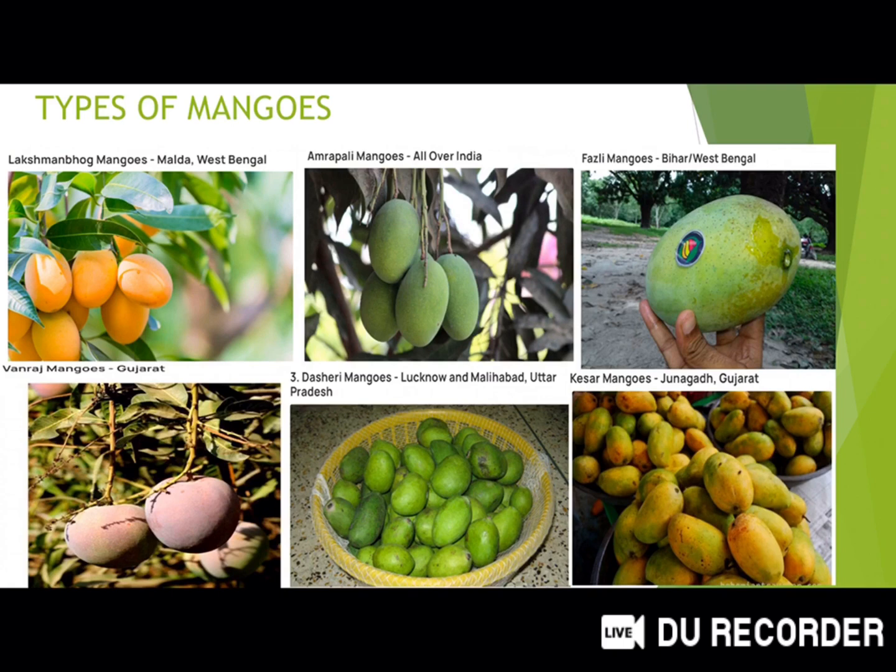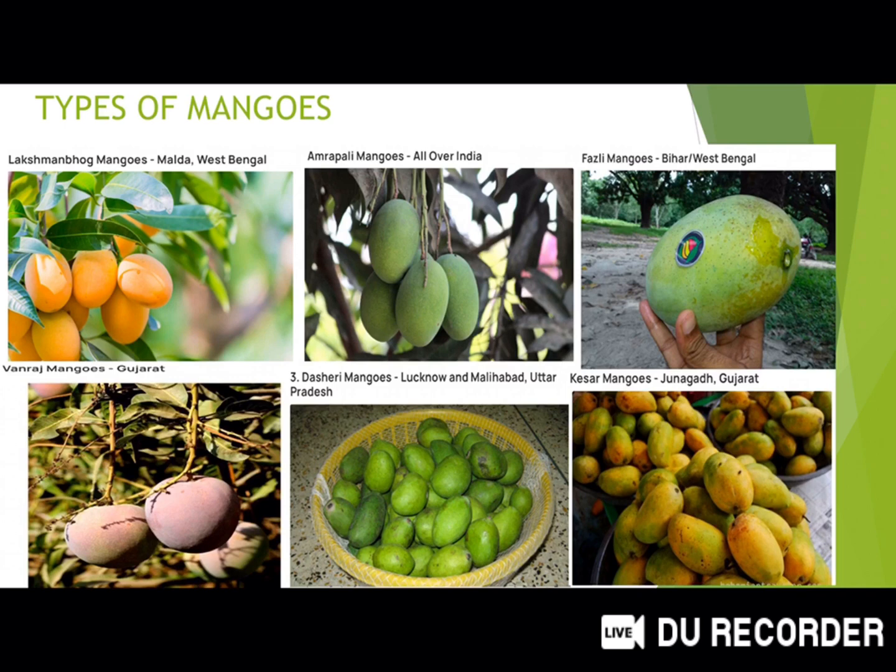Next one is Vanraj mangoes, mostly found in Gujarat. You can see the color also changes in different mangoes. Dasahari mangoes are mostly found in Lucknow and Malihabad, Uttar Pradesh. The next one is Kesar mangoes, found in Junagadh, Gujarat.